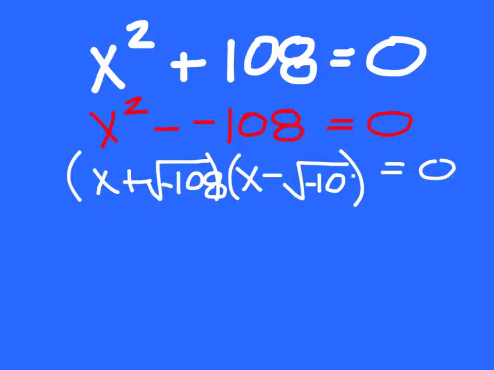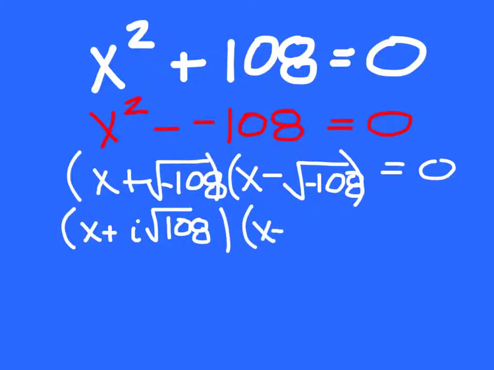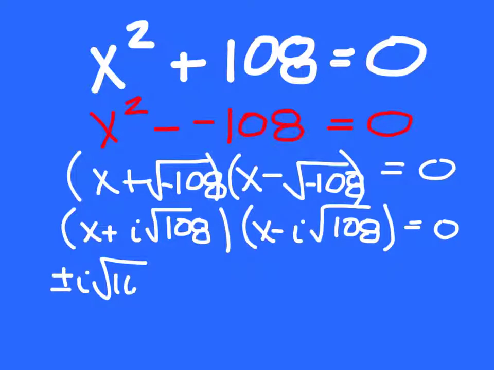And the difference today is that the numbers you must simplify are a little bit higher. So if you take out an i from each one, you're left with this. And your preliminary answer should be plus or minus i square root of 108.